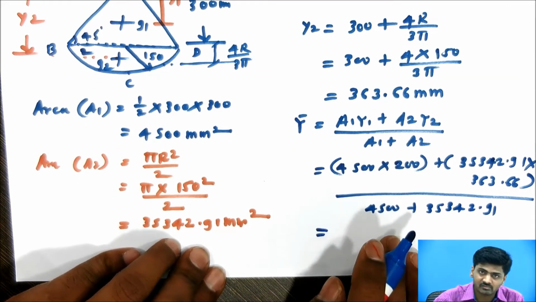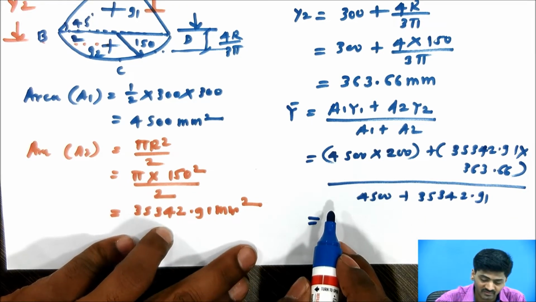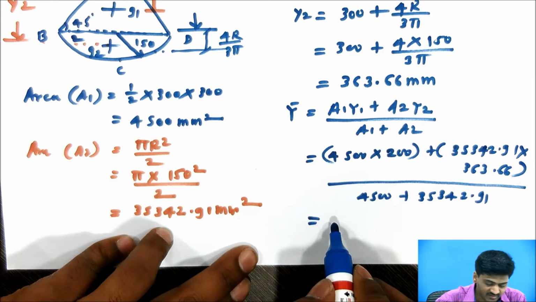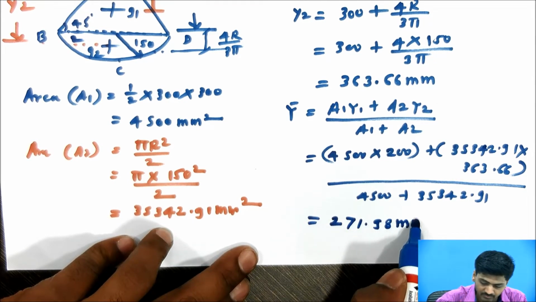So after calculation you will get the y bar from reference axis 1-1, that is near about 271.98 mm.